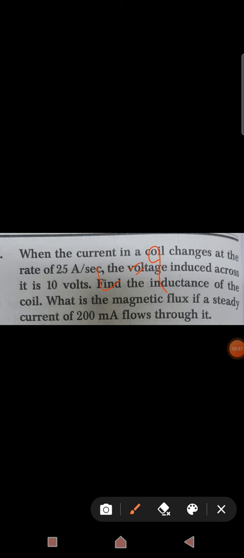Means phi, or d phi, you can write the change in the flux. What is the magnetic flux if a steady current of 200 milliampere flows through it? So two values are asked here, and in the second we should find out the flux. Okay, so I hope you have understood this question.